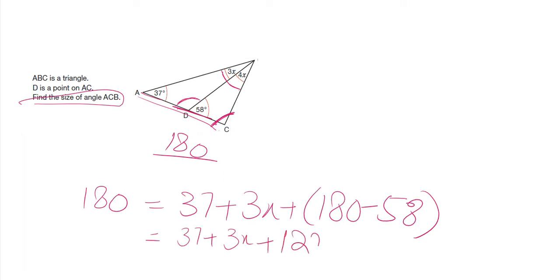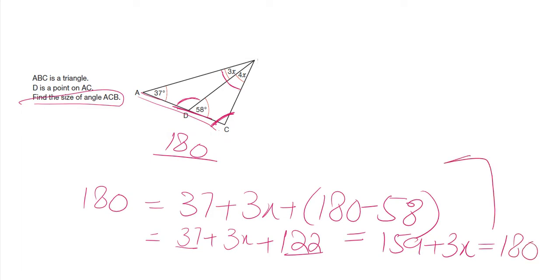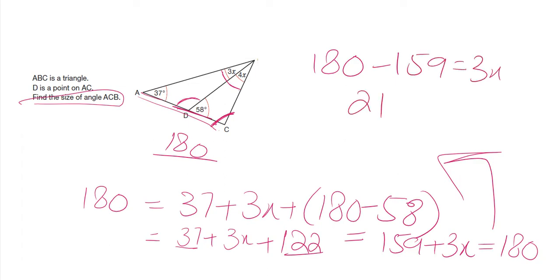We added 122. When we add 37 and 122, we got 159. Plus 3x. And over here we got 180. Let's move it over here. 180 minus 159 equals 3x. That would be equal to 21 and 3x.